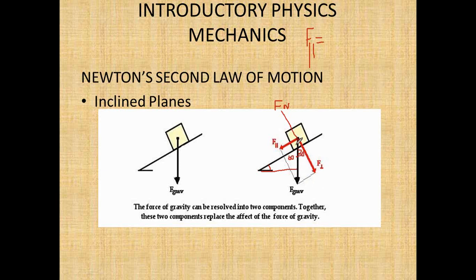Okay, so this is the parallel component, which is the same thing as this down there. So the sine, again, the sine of an angle is equal to the opposite side over the hypotenuse. Let me just write that out for you.